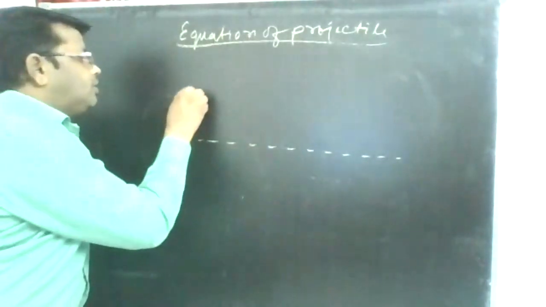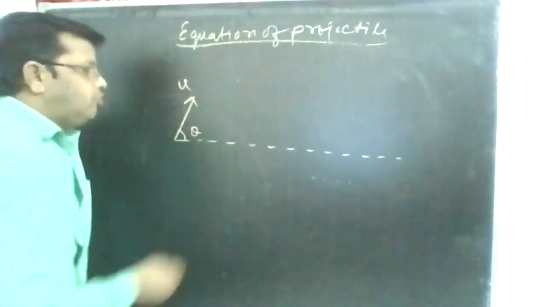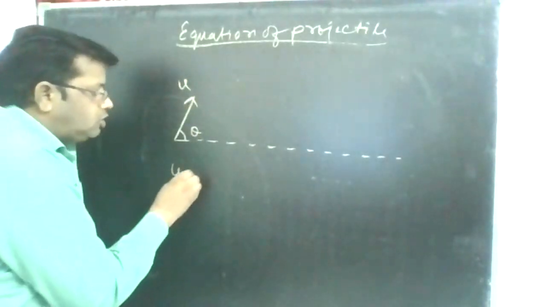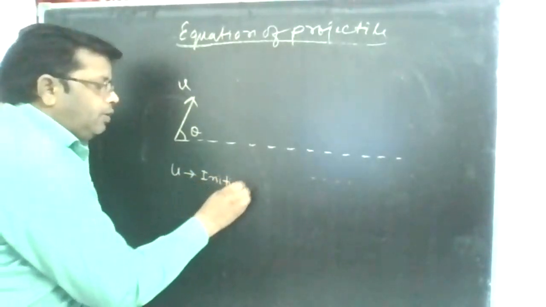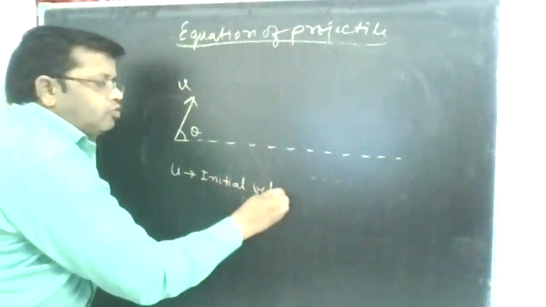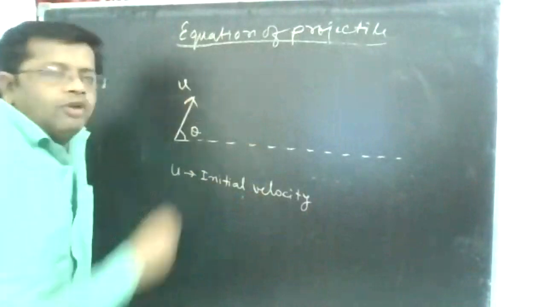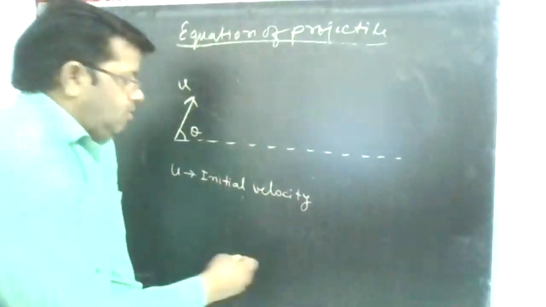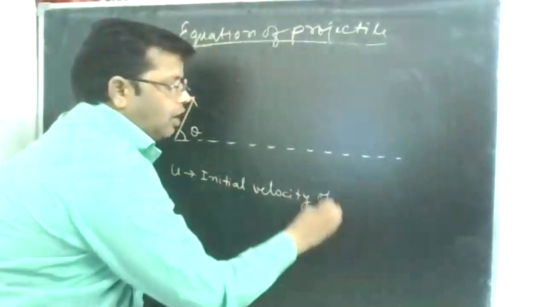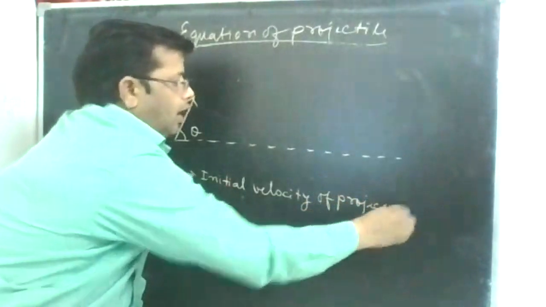This is the straight line. Let a body be projected with angle theta with initial velocity u. What is u? The initial velocity of projection. Beta, u is the velocity with which we have projected the body. And what is theta?